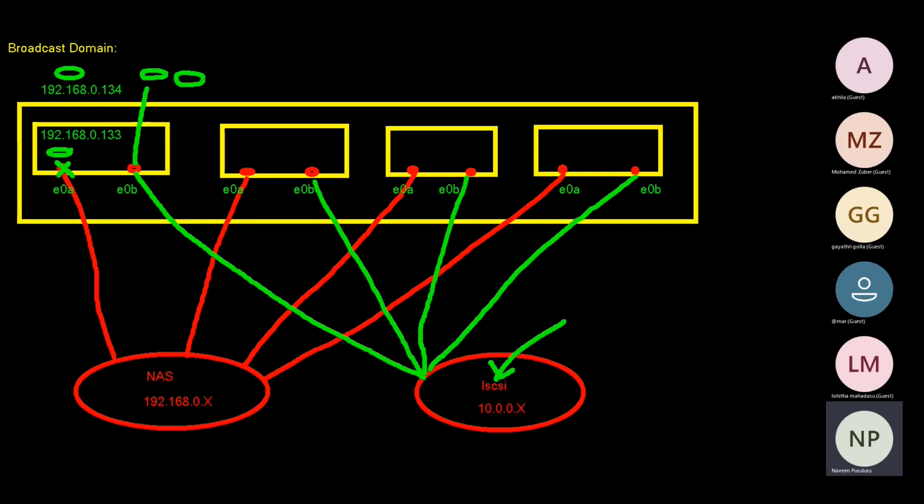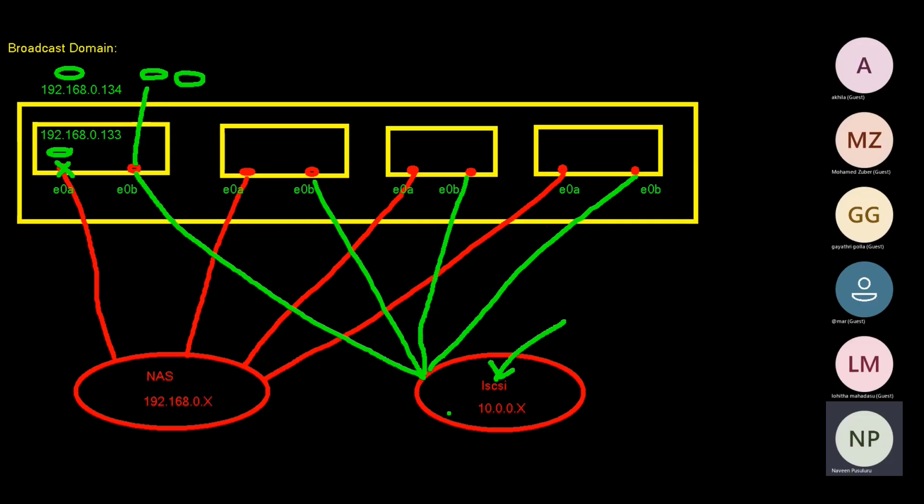The IPs will not work, because this particular interface is connected to a different network, a 10.x.x.x network. The LIFs are configured with the 192.168 network, so my 133 IP and 134 IP will become unreachable. That means my clients who use these IPs to access storage will no longer be able to access it, because the LIF moved to the wrong interface, which is connected to a different network.